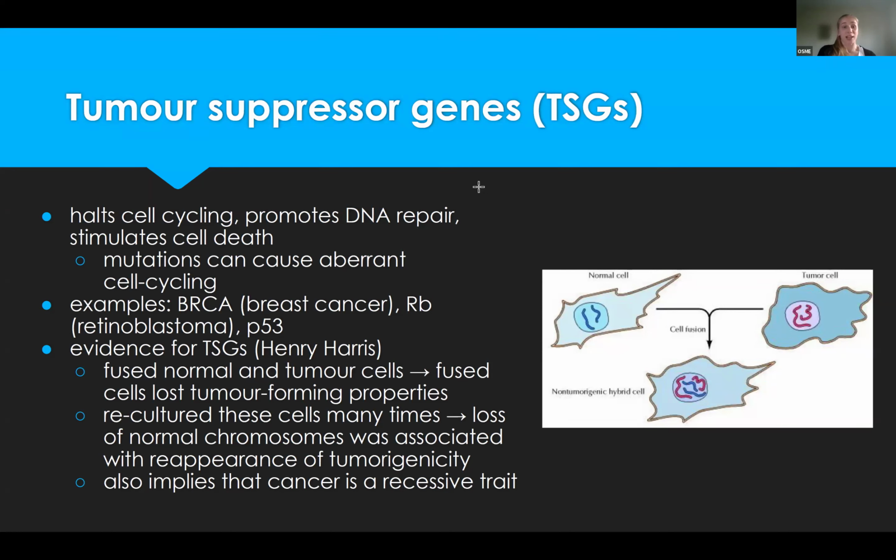And then when you start reculturing these cells many times, you again start losing the normal chromosomes, and the tumorigenicity appears again because the mutations start accumulating again. And in this sense, you could basically say that cancer is a recessive trait, that you need to have a specific mutation or a combination of mutations on both of the chromosomes in a cell.